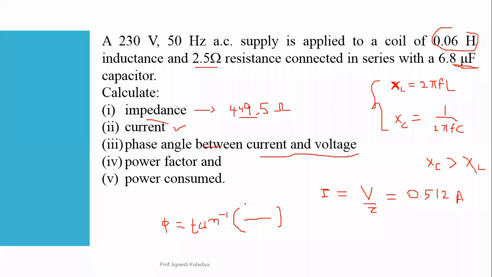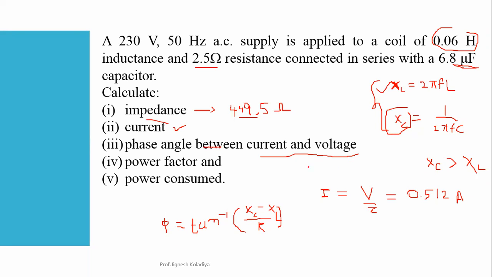I have to write XC minus XL upon R. Because normally we can write XL minus XC, but in that case your inductive reactance is more. Right now in our case, you are getting 468 something as capacitive reactance, which is far more than XL.